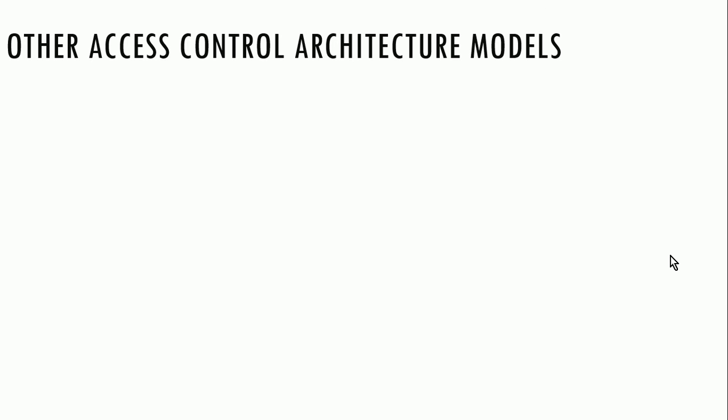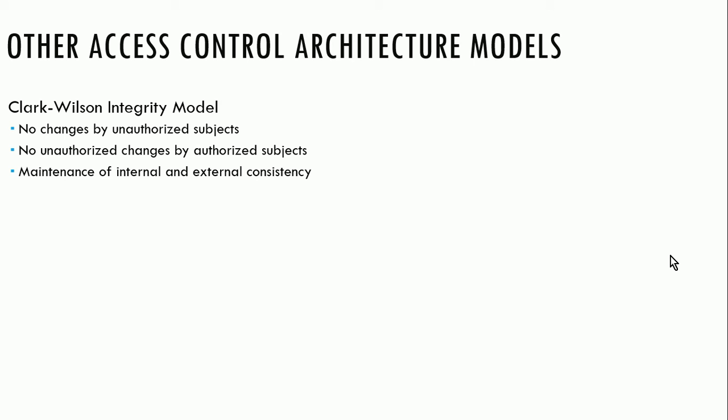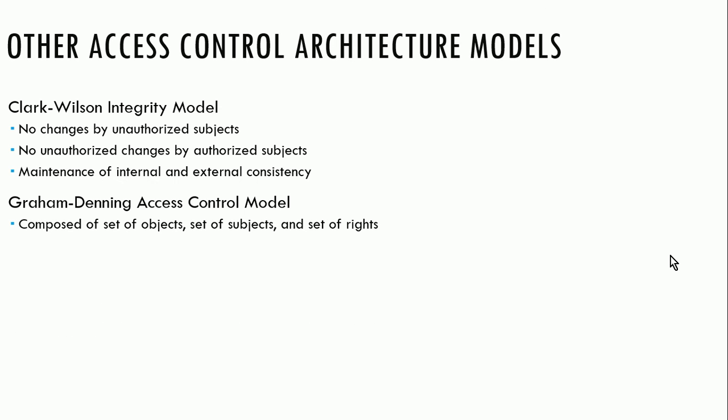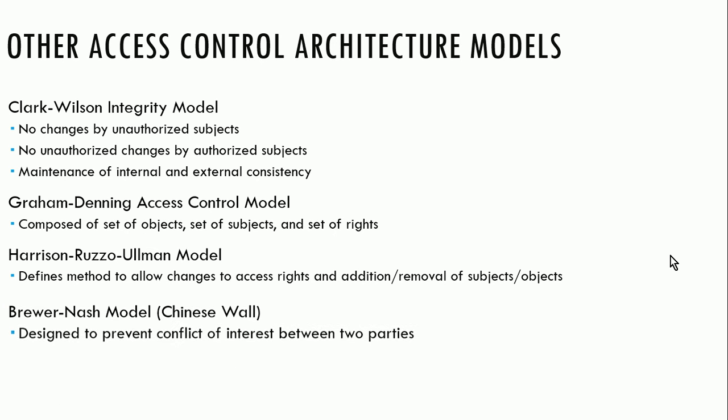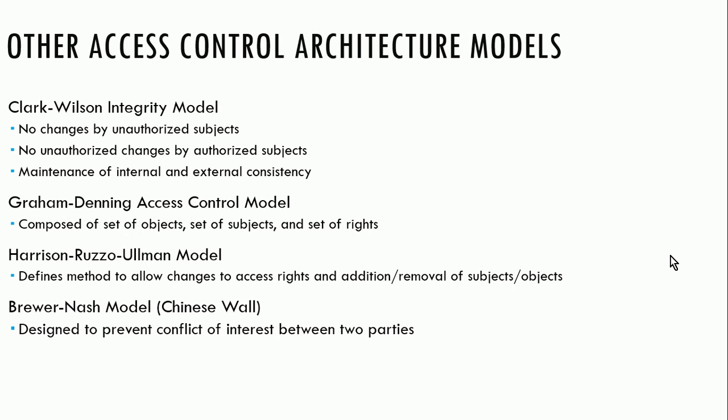There are, not mentioned in your book, other access control architecture models. Clark-Wilson is one, Graham-Denning is another. I've never used this one or heard of it, but the Harrison-Ruzzo-Ullman model. I think that one actually might be mentioned in your textbook, and then the Chinese wall method. So there are other architecture models that you can look at.